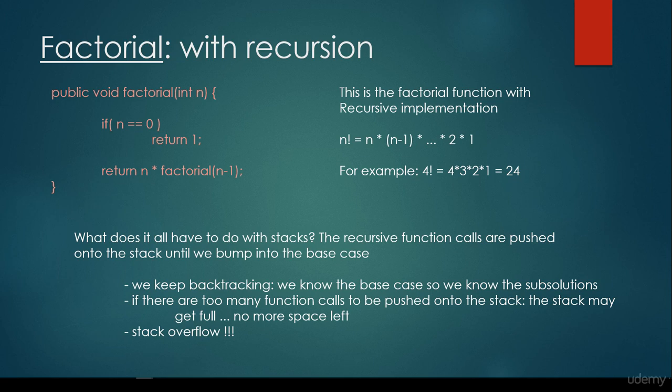So what does it all have to do with stacks, you may ask. The recursive function calls are pushed onto the stack until we bump into the base case. What's the base case? If n is equal to 0, we return 1, so the factorial of 0 is equal to 1. We keep backtracking when we hit this base case, and we know the sub-solutions. If there are too many function calls to be pushed onto the stack, then the stack may get full with no more space left. This is what's called a stack overflow error.